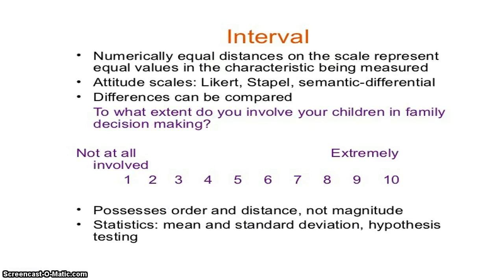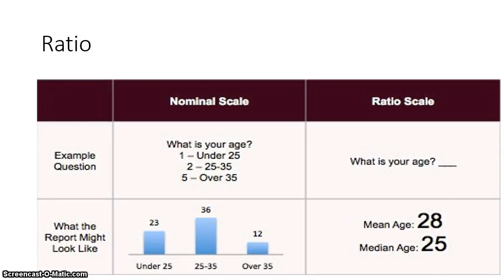Interval is when you give a scale, numerically equal distance on the scale represent equal values in the characteristic being measured, Likert scales, staple, and whatsoever, and that is actually interval. It possesses order and distance, not magnitude. Statistics such as mean, standard deviation, hypothesis testing can be done with interval. And ratio, as you can see here, the age is a ratio scale, and so you can use mean and median.